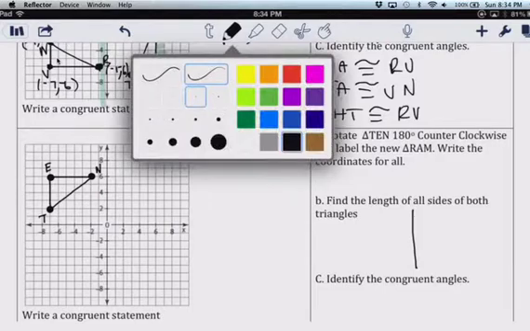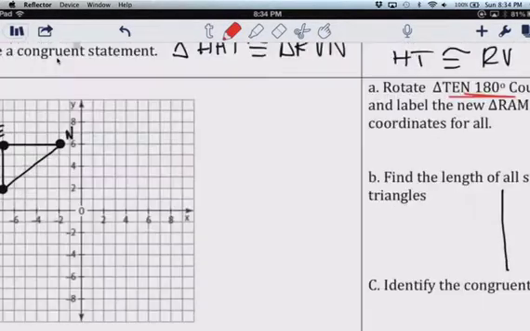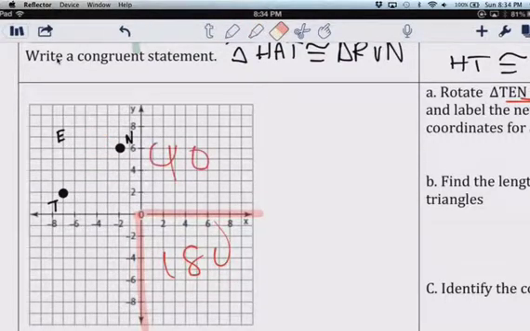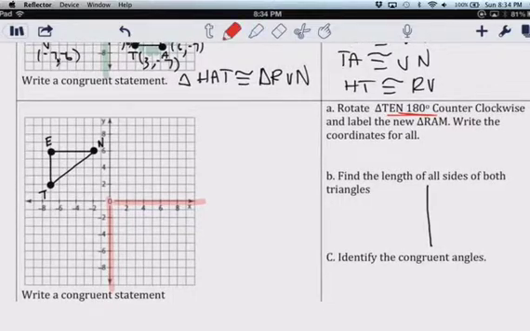180 degrees, the numbers stay the same. So 0, 90, 180. So it's all going to be here. Alright, so right here, TEN will become RAM.